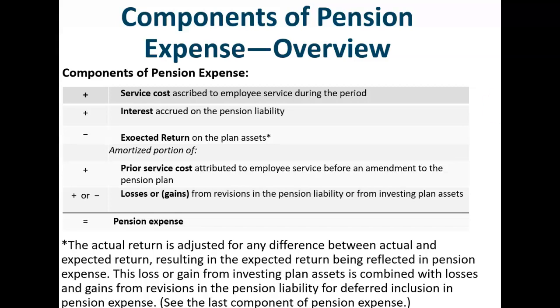So the components of pension expense overview is service cost ascribed to employee service during the current period, plus interest accrued on the pension liability, minus the expected return on plan assets, plus the amortized portion of the prior service costs attributed to employee service before an amendment to the pension plan, and plus or minus losses or gains from revisions in the pension liability or from investing plan assets. All of that will equal pension expense.